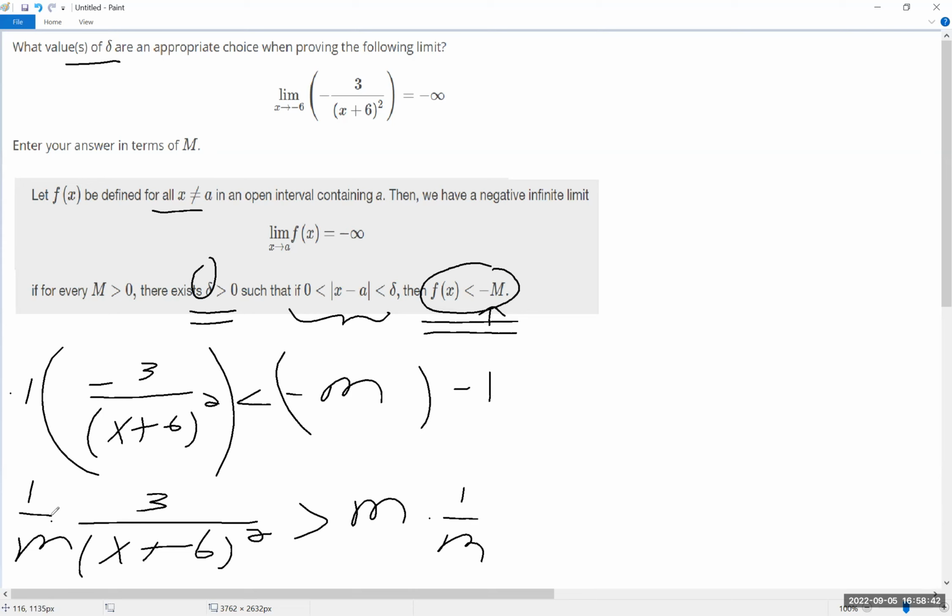And so I'm left with 3 over m times x plus 6 squared is greater than 1 at this point.